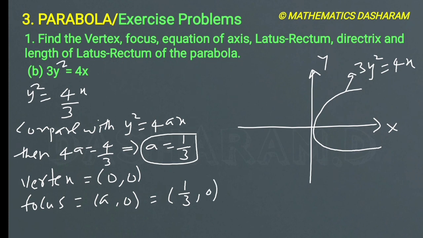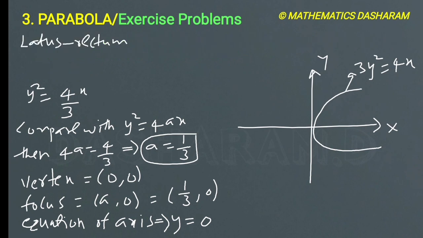Next, equation of the axis. Axis means the parabola is symmetric along the x-axis, so that is called the axis. So here y equals 0 is the equation of the axis. Next, equation of the latus rectum, that is x equals a, which implies x equals 1 by 3.